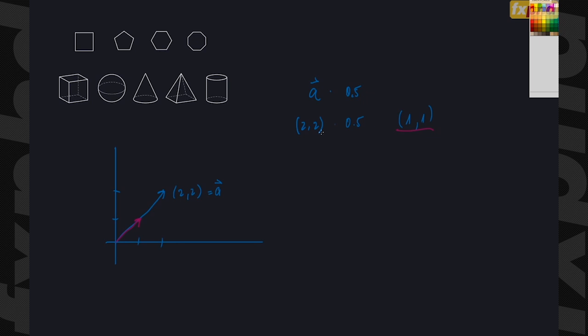Because if I multiply it with -1, 2, 2 times -1, what I get is -2, -2, this vector here. So it's really the same vector with the same length, but pointing in a different direction.